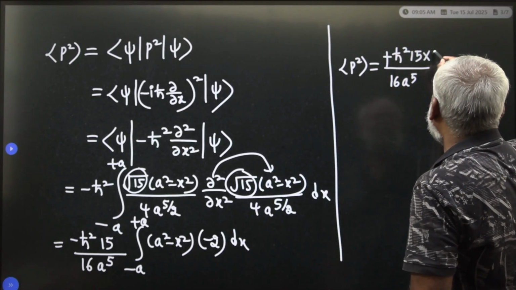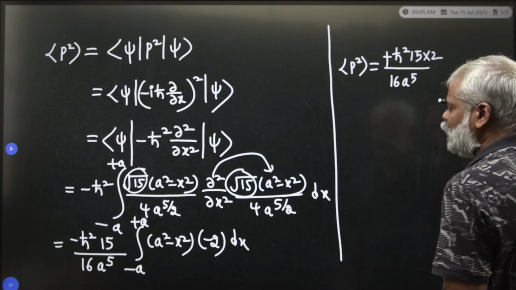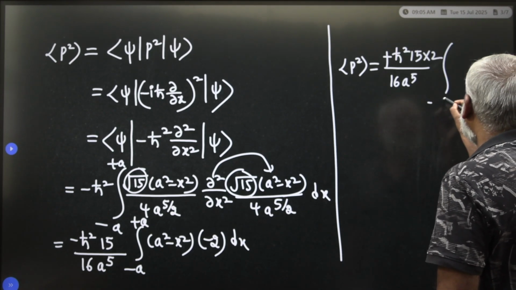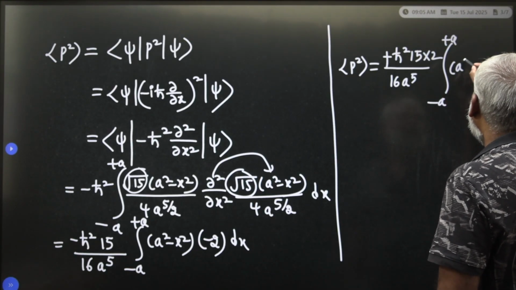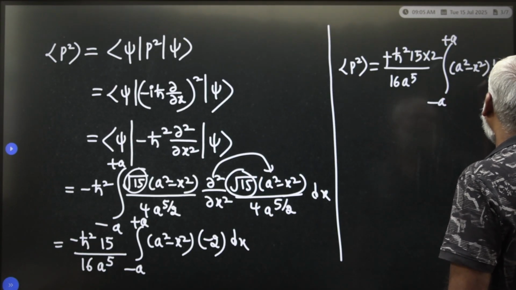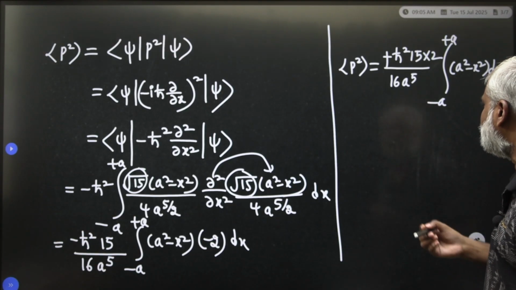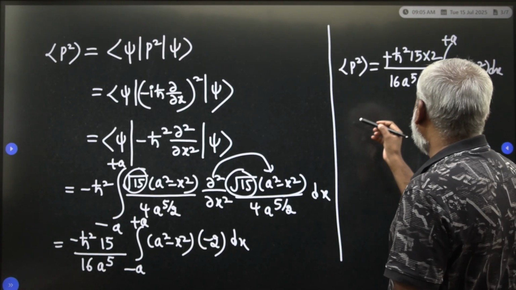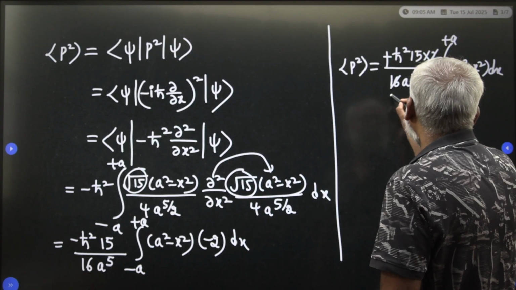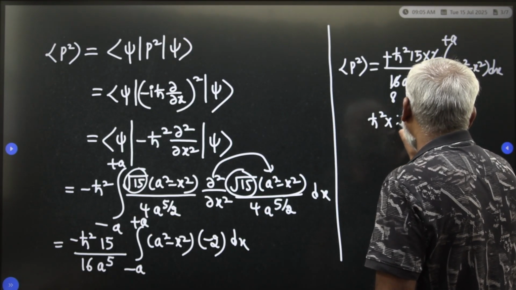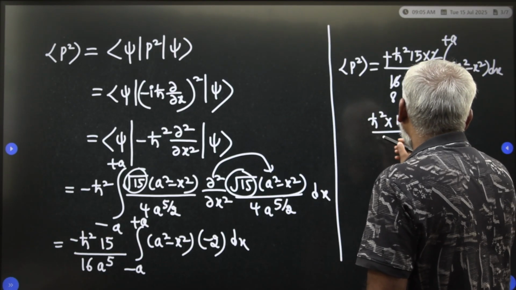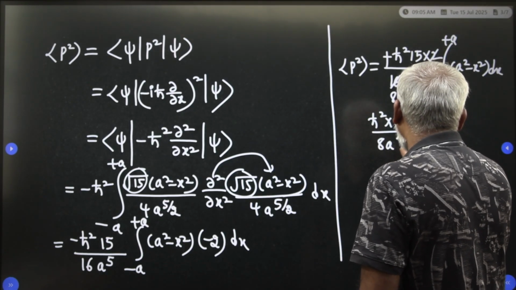The 2 also you have to bring to that side, so you can write integral from minus a to plus a of a square minus x square into dx. It is clear. So, now 2 ones are 2, 2 eights are 16. So ħ square into 15 divided by 8 a to the power of 5.